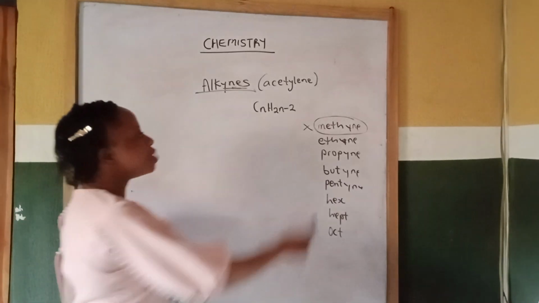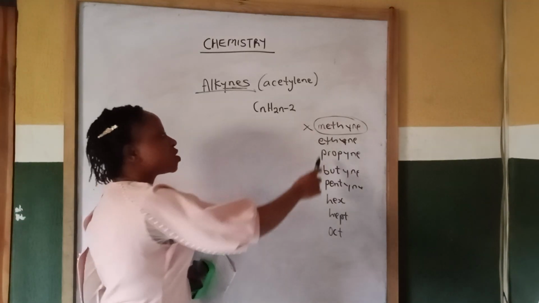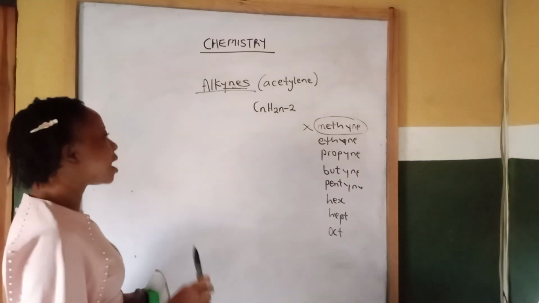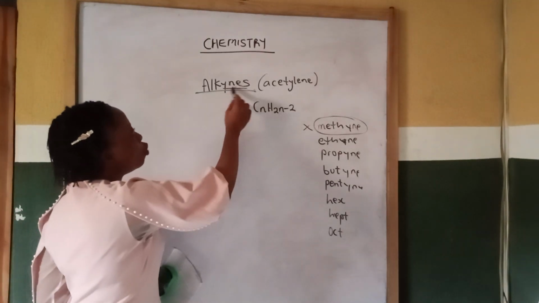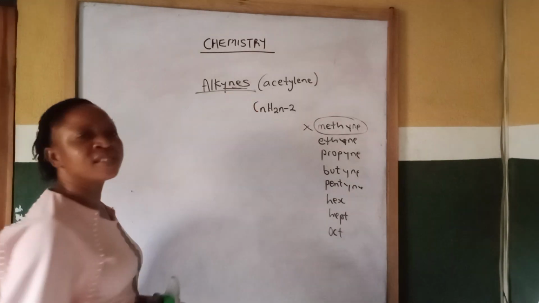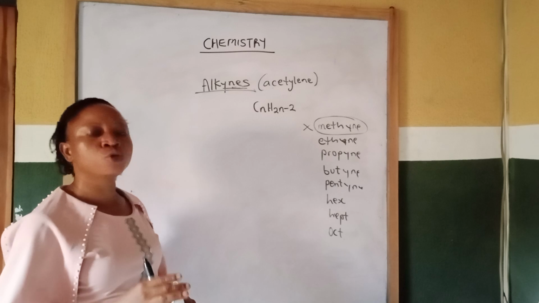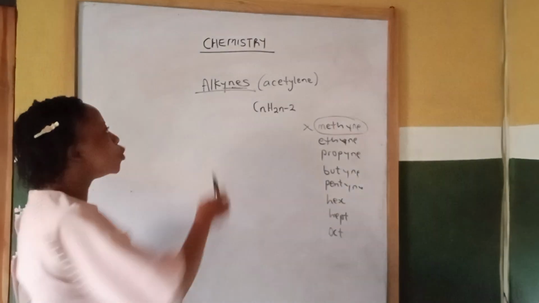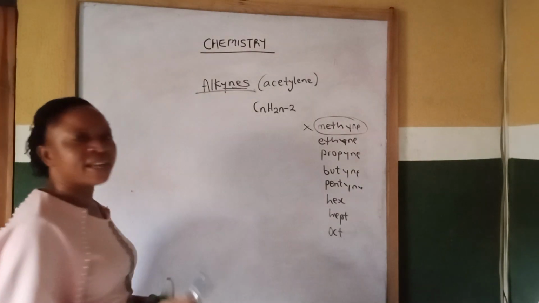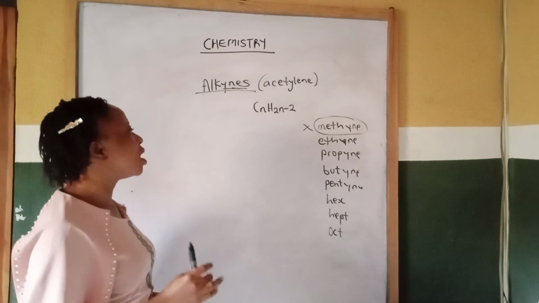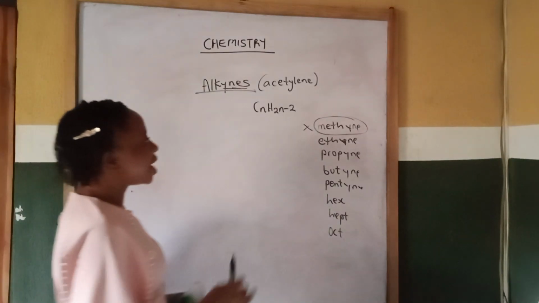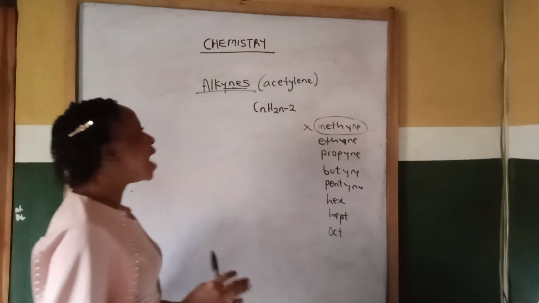Why? Because the molecular formula for methyne consists of only one carbon atom, and the triple bond, which is -yne, must exist in between two carbon atoms. That is why methyne does not exist under alkyne.